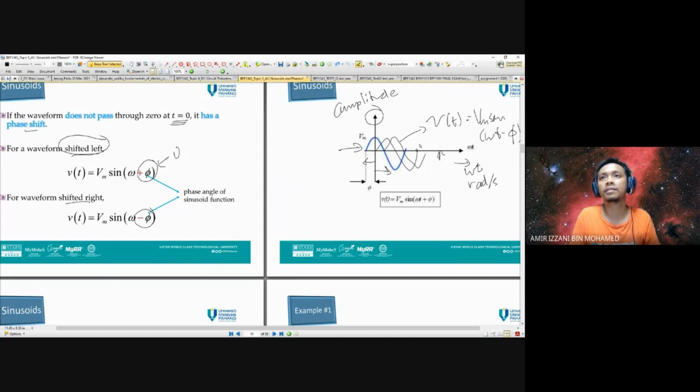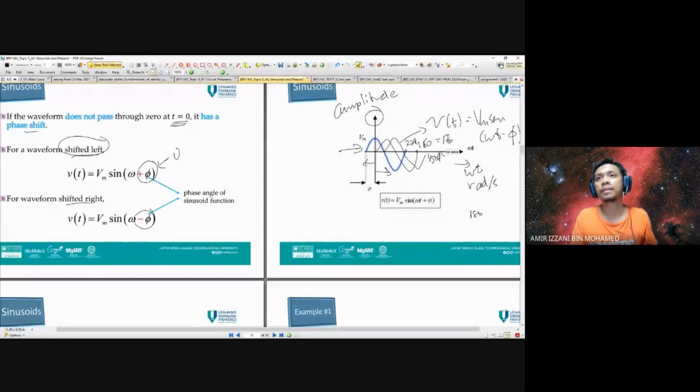This is 180, this one 360, then 270, and this one plus 90 is 450. This is in degrees. If in radians, then it's pi. 360 equals 2 pi, and so on. You can change this one.